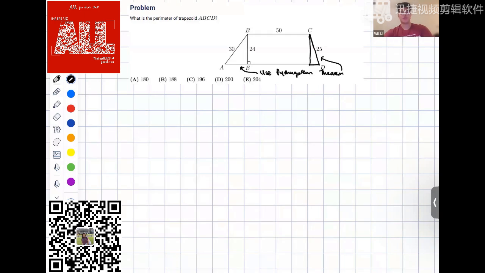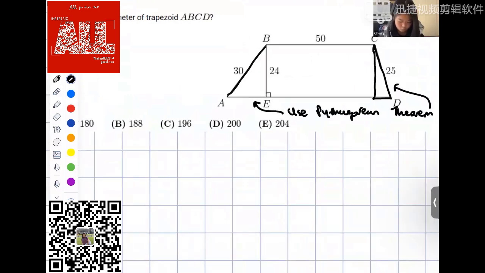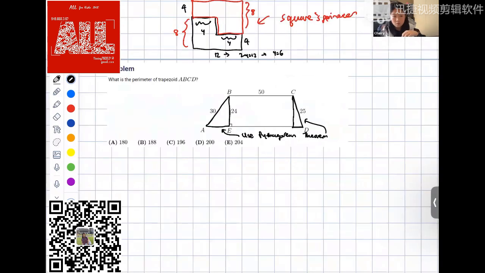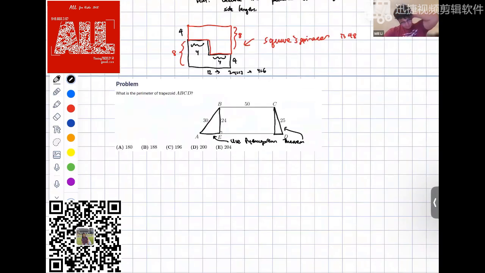All right, I'm gonna start going over it. Did you guys end up using the Pythagorean theorem for this triangle? I think I have the answers. What is it? Is it B?